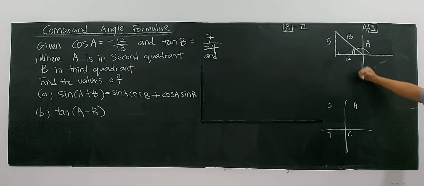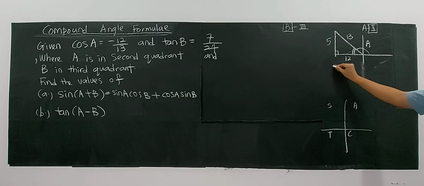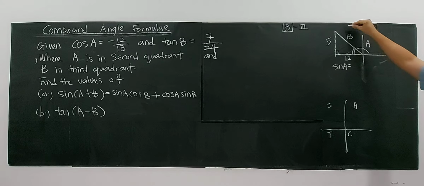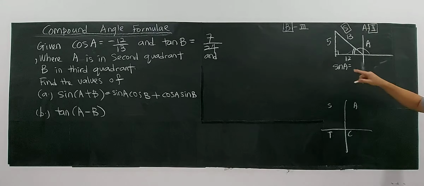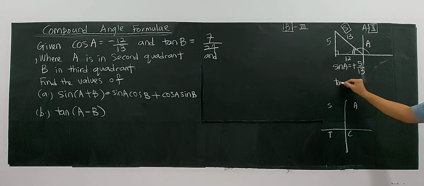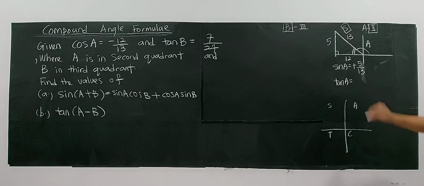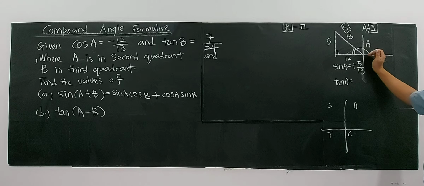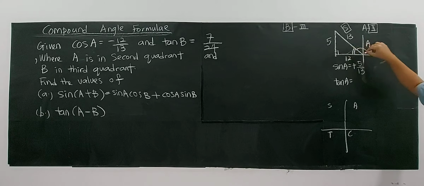From here you can get sine A. In this quadrant, sine is positive, so positive opposite over hypotenuse. And you need the value of tangent A as well later. Tangent A will be, because this is in the second quadrant, so we just draw it in the second quadrant.